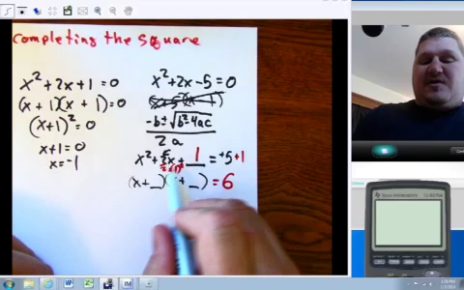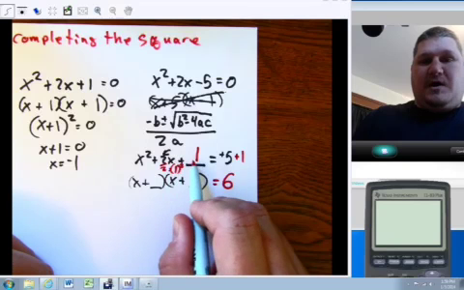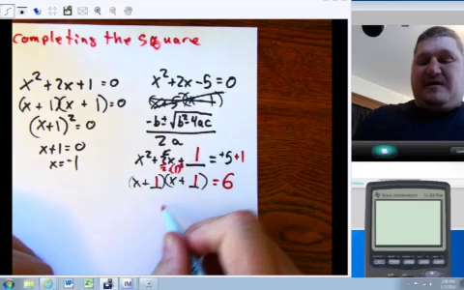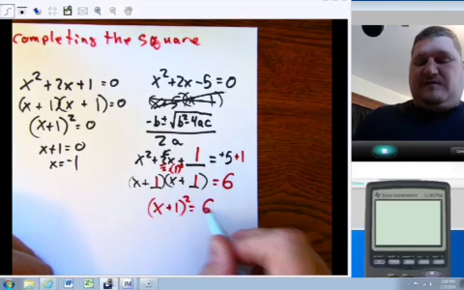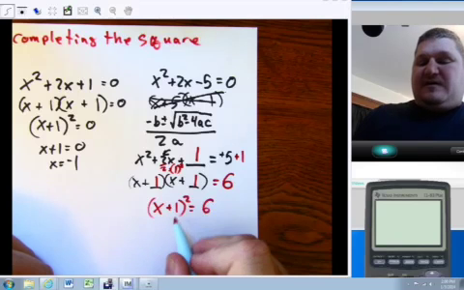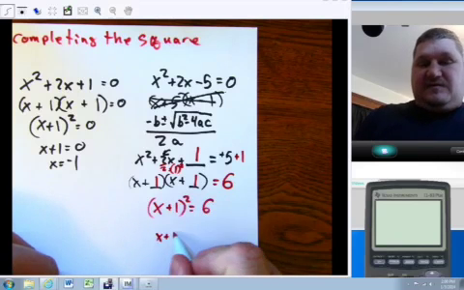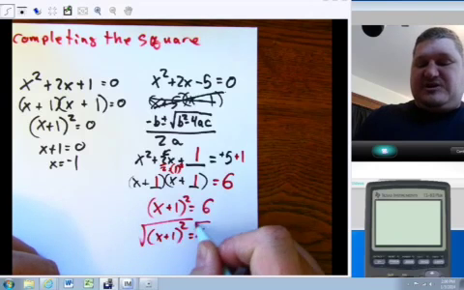Now, how do I factor x squared plus 2x plus 1? Well, break it up, 1 and 1. And now I have x plus 1, the quantity squared, equals 6. Now, to solve this, I would simply square root both sides.